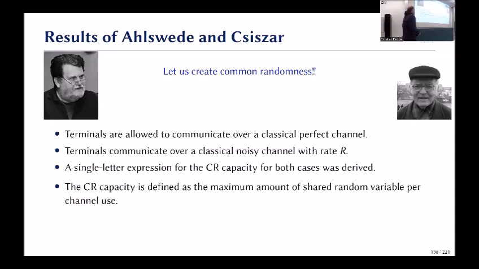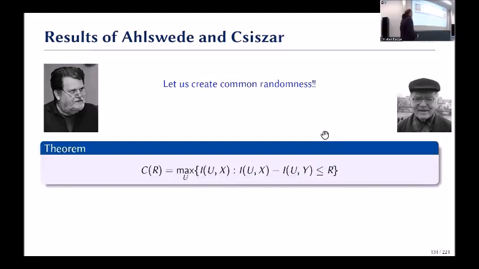The capacity is defined as the maximum amount of shared randomness available per channel use. If the rate of the channel is R, then we can reach the following common randomness capacity: the mutual information between U and X, where U is an auxiliary random variable in the Markov chain U, X, Y, such that the mutual information between U and X minus the mutual information between U and Y is smaller or equal to R.